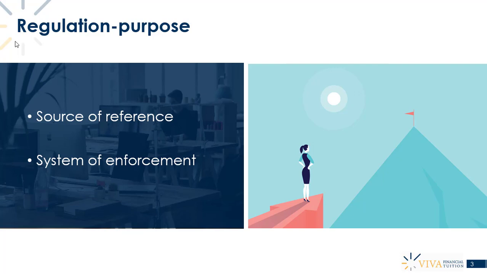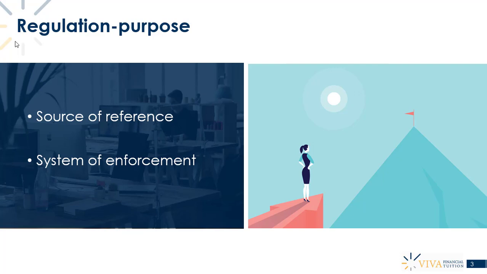So the regulations provide useful tools that can be used in various different situations. So if you have a problem to solve, you refer to the regulation. If you don't refer to the regulation, then you may end up being accused of not doing your job properly, because the regulations will be applied, will be enforced, and if you're not seen to be observing them, then there will be a problem.